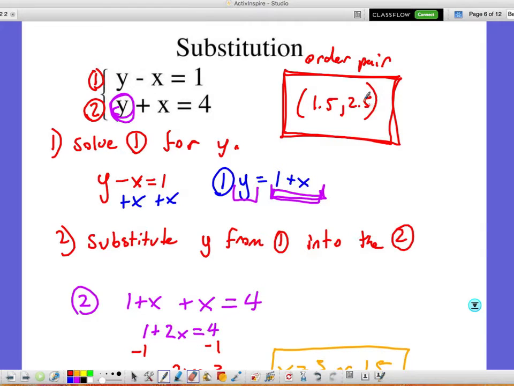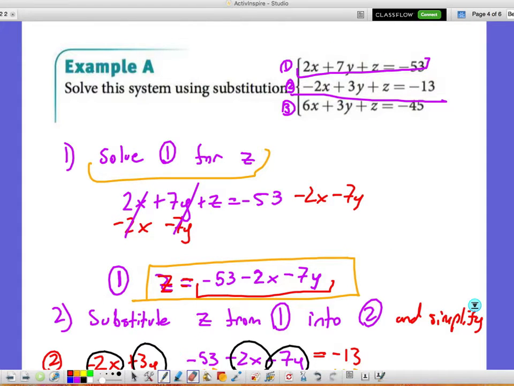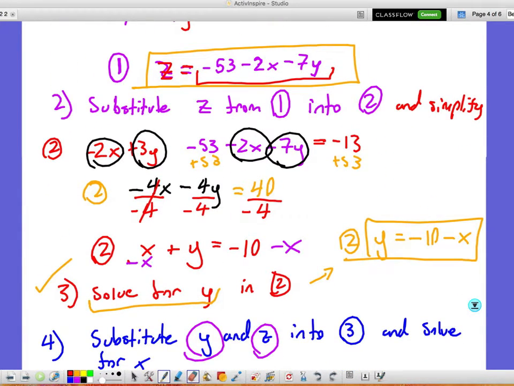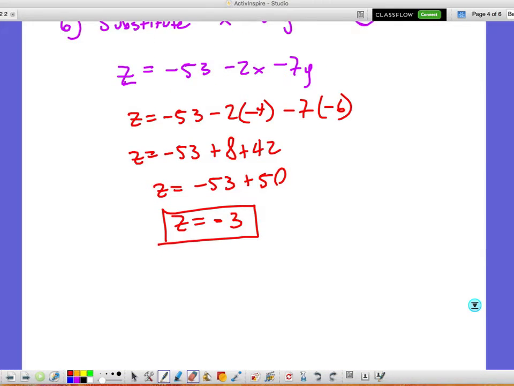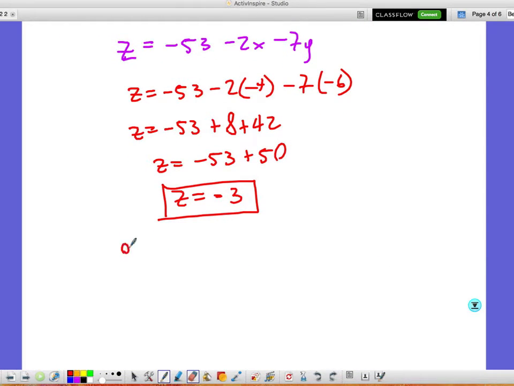Pair basically means 2. But since we have 3 variables that we solve for, we need to write not an ordered pair, but an ordered triple.